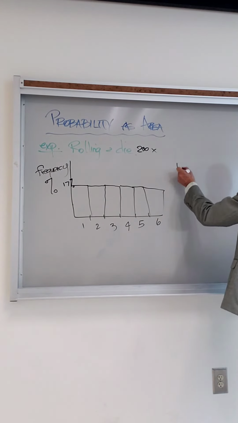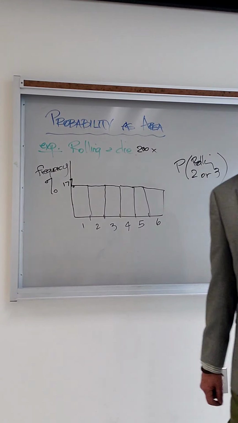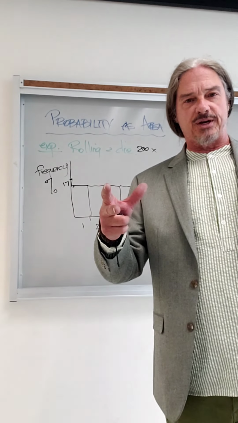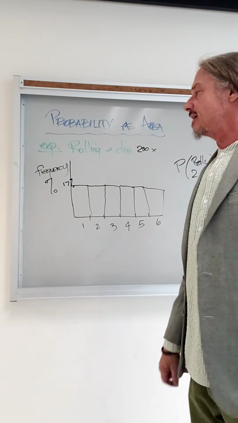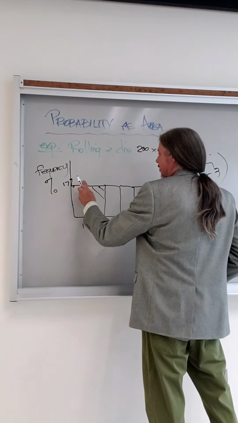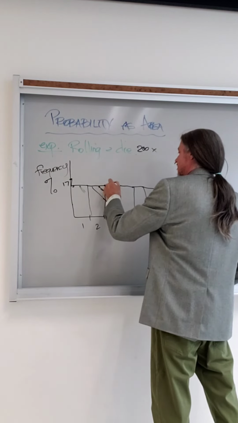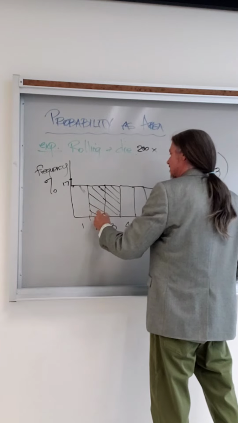So let's think about this then. I could do the probability of rolling a 2 or a 3. I can picture the probability of rolling a 2 or a 3 as really the sum of the area in both of those rectangles.